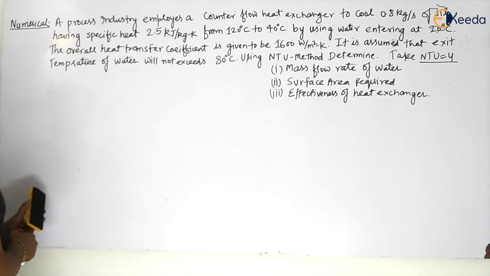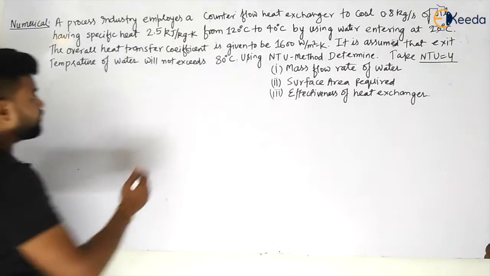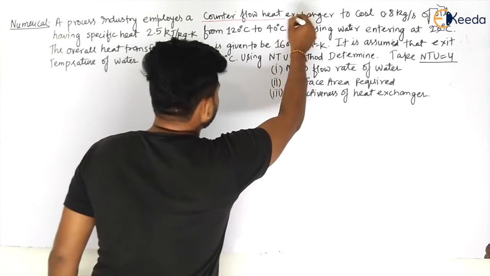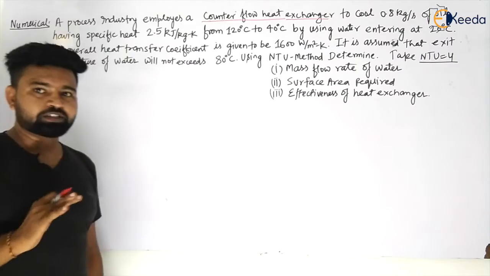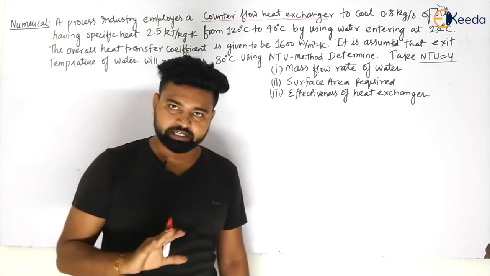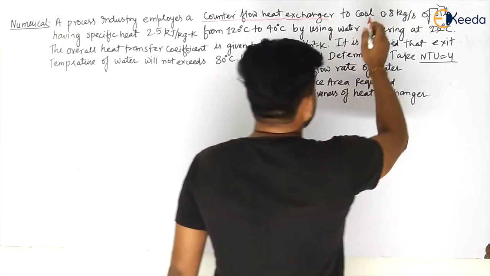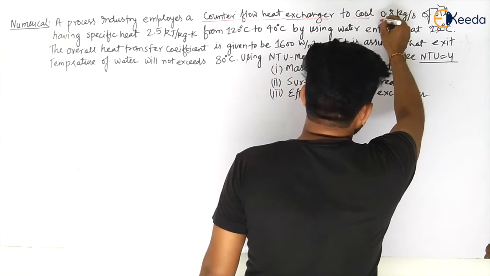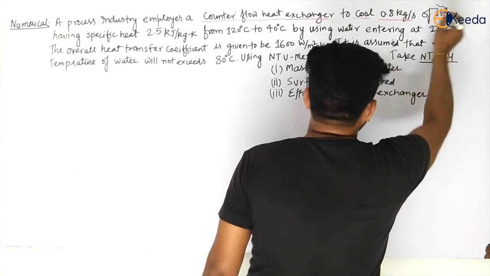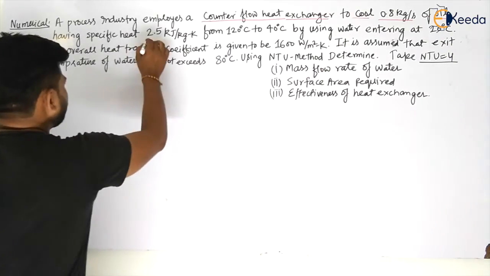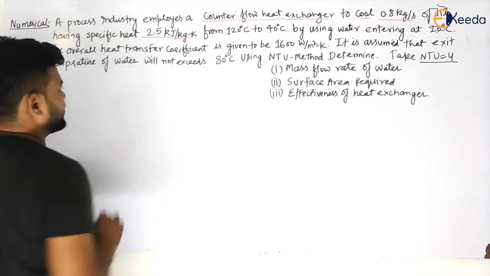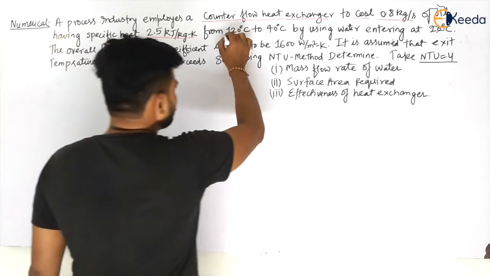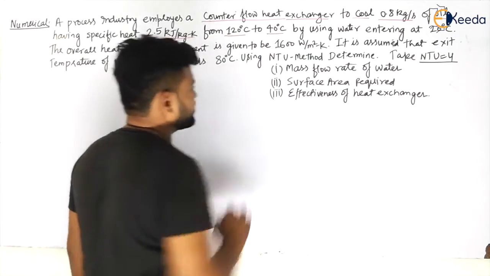A process industry employs a counterflow heat exchanger. So in a process industry, they are using a counterflow heat exchanger to cool 0.8 kg of oil having specific heat 2.5 kilojoule per kg from 120 degrees Celsius to 40 degrees Celsius.